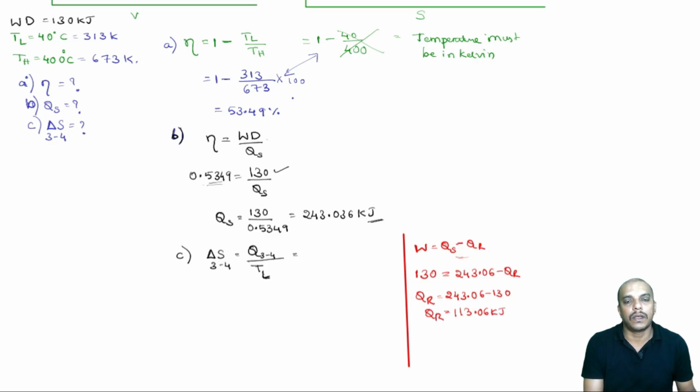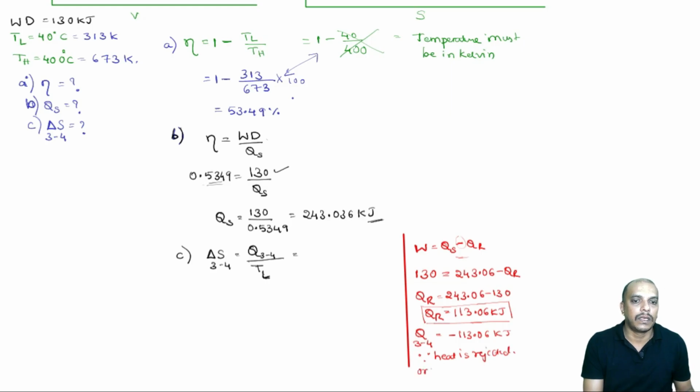As I said, QR is heat rejected, so we will get it as positive, because the moment I say heat rejected, I have used this negative sign. But in fact, if I write heat transfer, it has to be negative because heat is rejected. So, this I can write as minus 113.06 kilojoule, because heat is rejected.